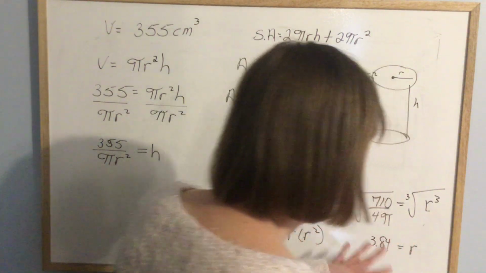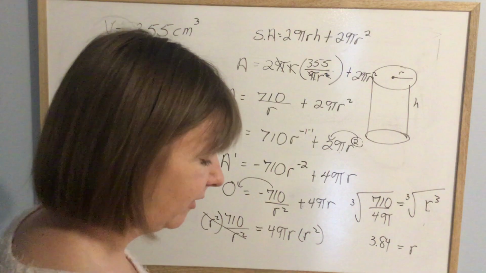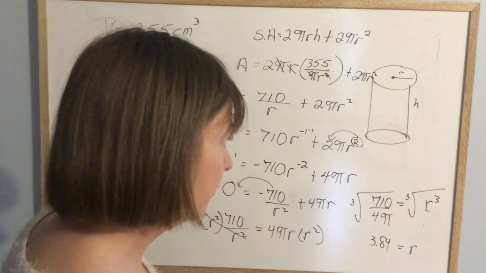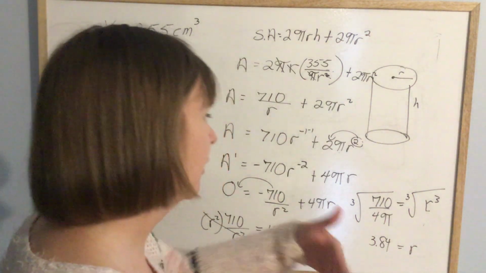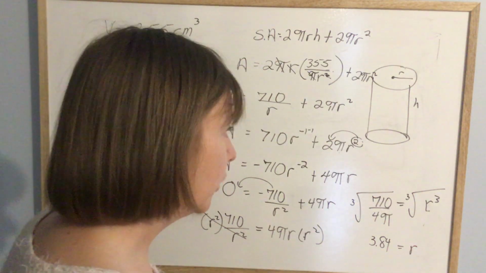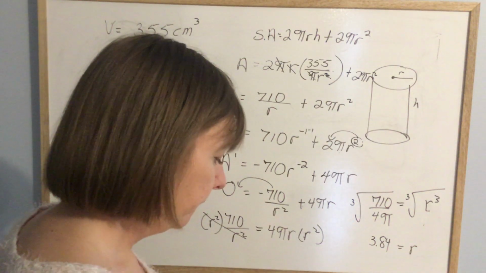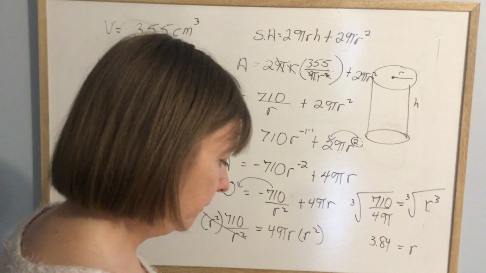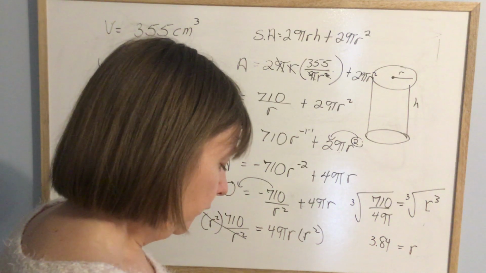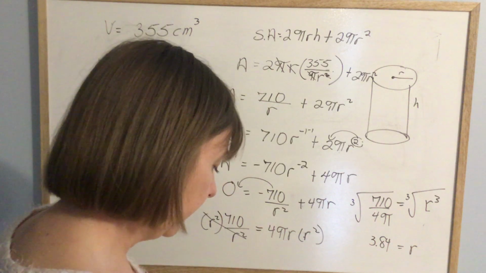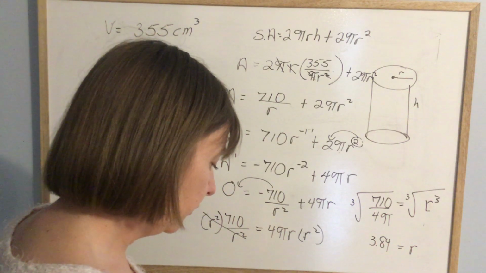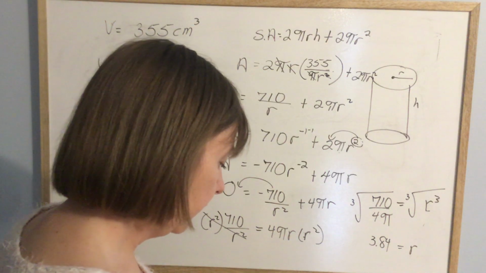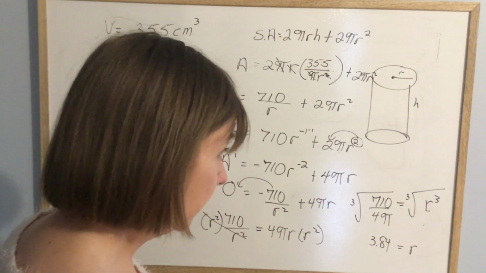3.84 according to the textbook, and I will even double check because I did it slightly differently than the textbook. I didn't do it weird, I just did it differently than they did. 710 divided by 4 pi, and then the cube root of that. Ooh, I did not get that answer.